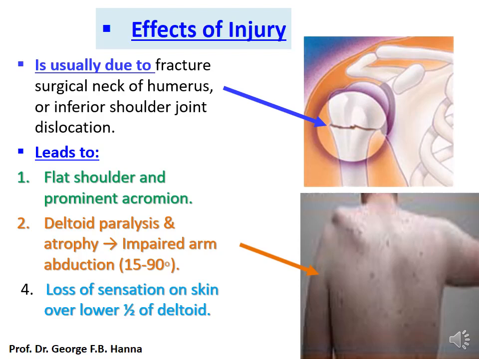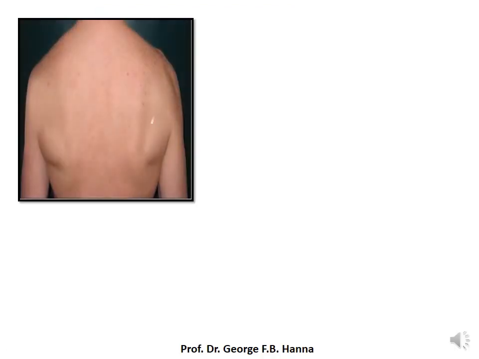Also, the skin over the lower half of the deltoid will have sensory loss. If you pinprick this area of the skin, the patient will feel nothing. So loss of sensation on the skin over the lower half of the deltoid. Now let us summarize. This is flat shoulder.